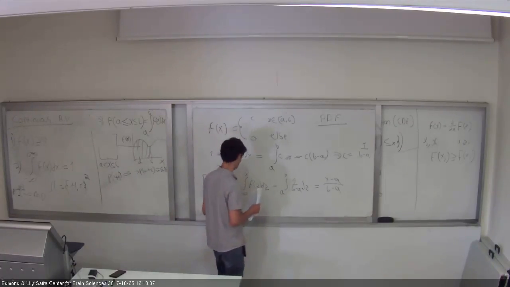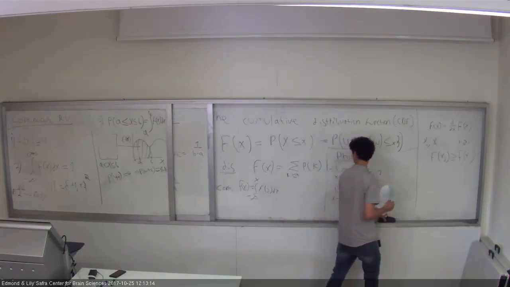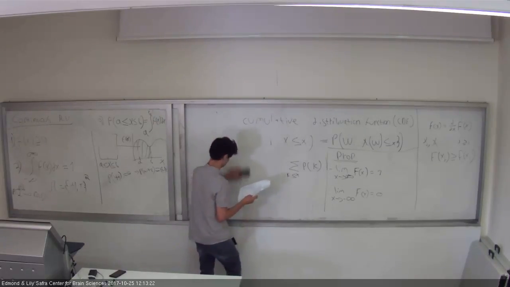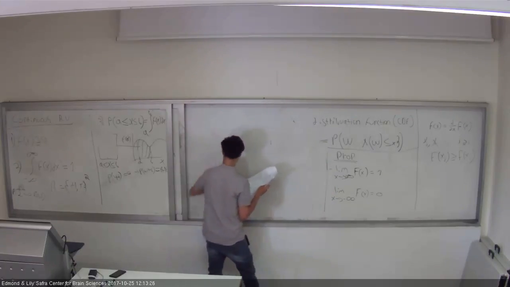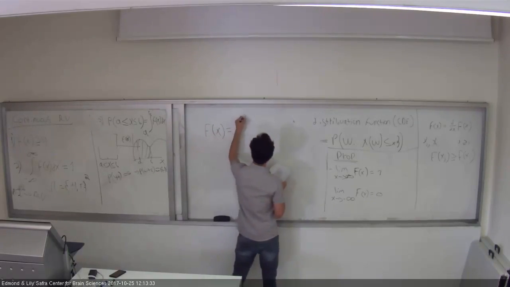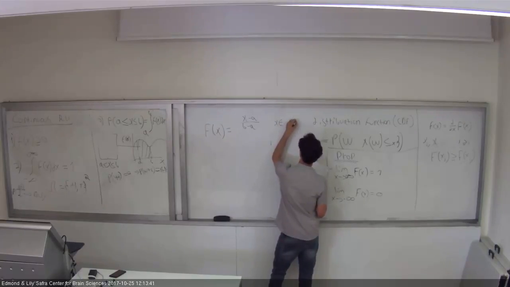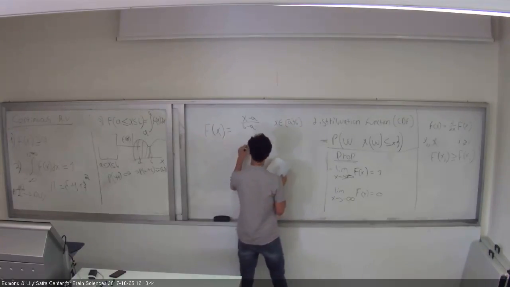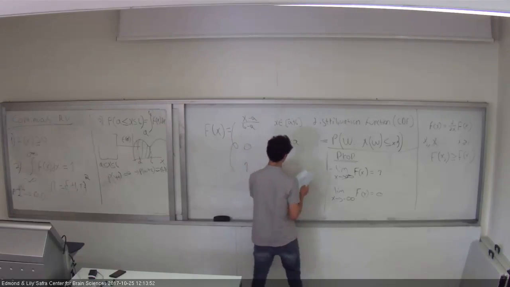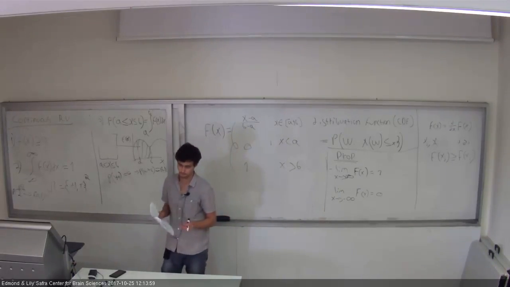So finally we got that F of x is equal to (x minus a) over (b minus a) if x is between a and b, 0 if x is smaller than a, and 1 if x is bigger than b. Okay?